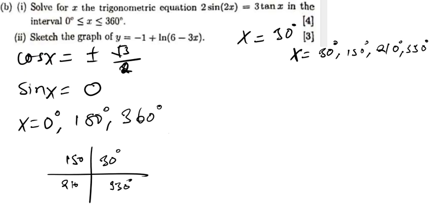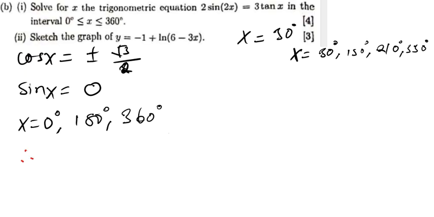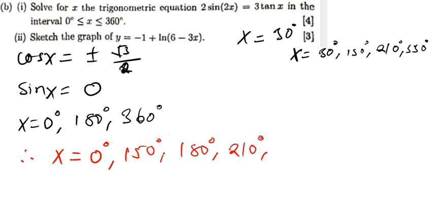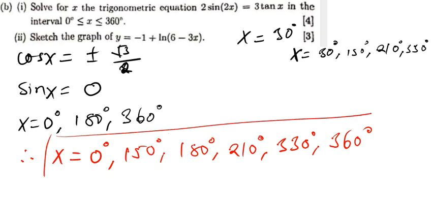So the final answer, now you have to combine these. Therefore the x values are 0 degrees, 150 degrees, 180 degrees, 210 degrees, 330 degrees, 360 degrees. So these are the x values for this question.